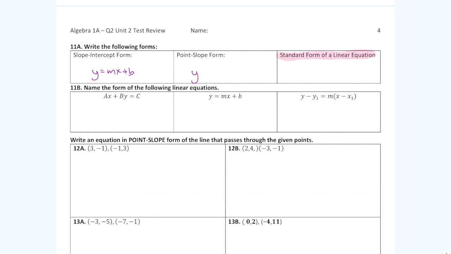And point-slope is y minus y sub 1 equal to m times x minus x sub 1. And then standard form, ax plus by is equal to c. And not that I will require you to write this, but a would have to be positive for this.